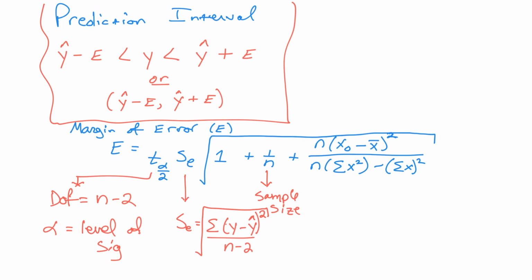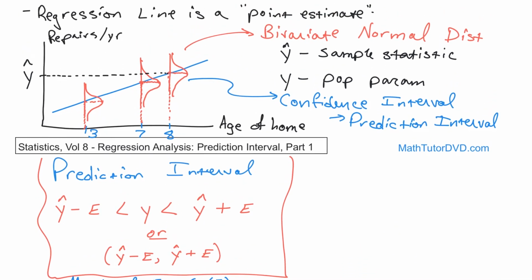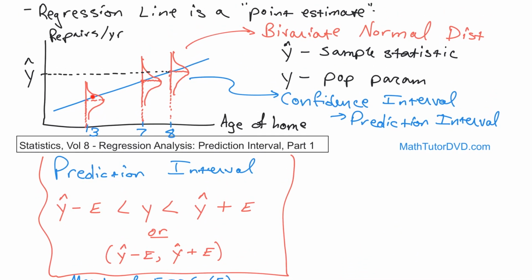Then, now that you know what the margin of error is, you go back to your regression line and you say, what's the value on this line at 8 years old? That's the point I care about. You get the value from this line, that's what we're calling y hat, and to that you add the margin of error you calculated, take the same number from your line, subtract the margin of error that you just calculated, and that forms an interval right here.